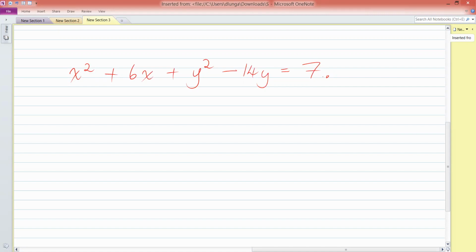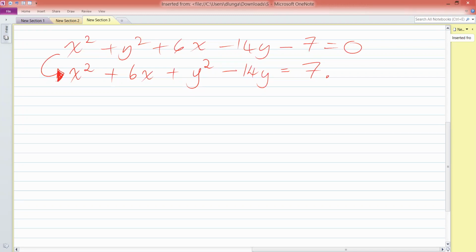When you're given something that looks like this, first things first is you have to complete the square. So they could have also given it to you in a different form. They could have said, x squared plus y squared, 6x minus 14y minus 7 is equal to 0. If it's given to you like that, you'd have to then rearrange it and write it like this.